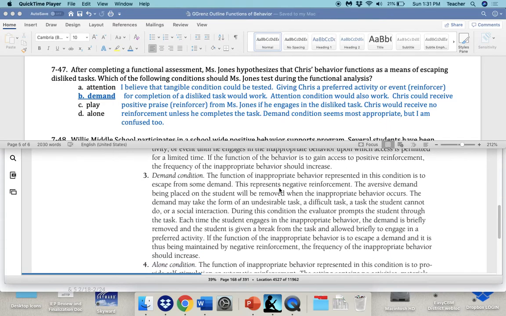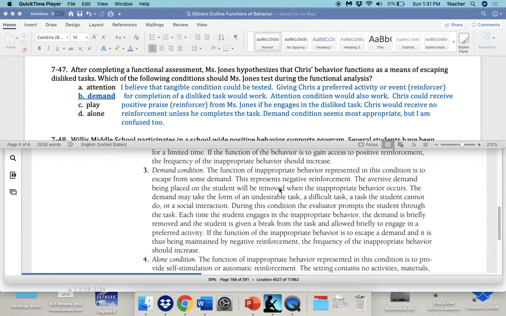Because then when I read the demand condition, the function of inappropriate behavior represented in this condition is to escape from some demand. This represents negative reinforcement. The aversive demand being placed on the student will be removed when the inappropriate behavior occurs.